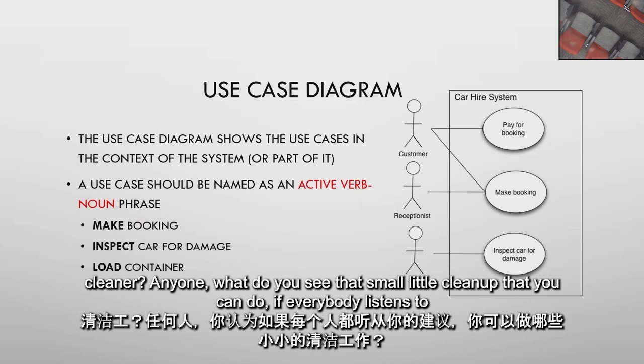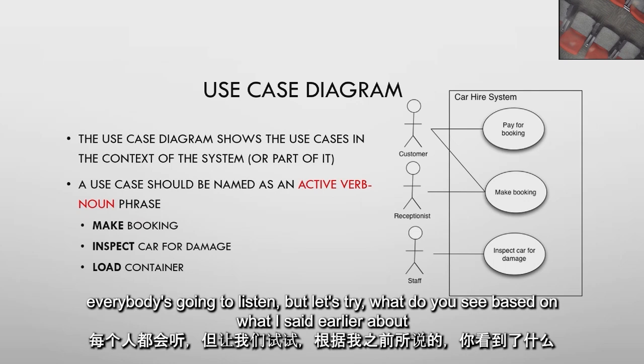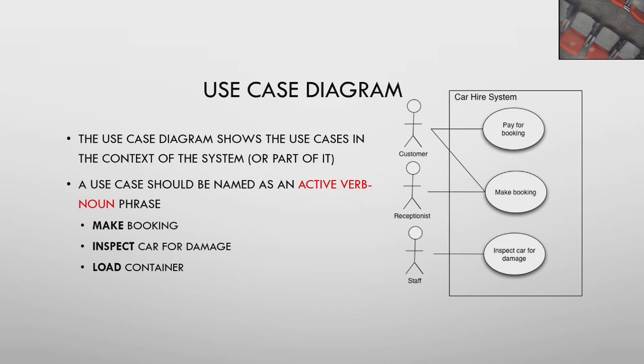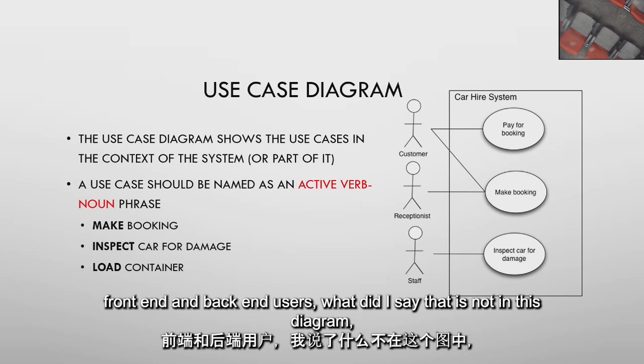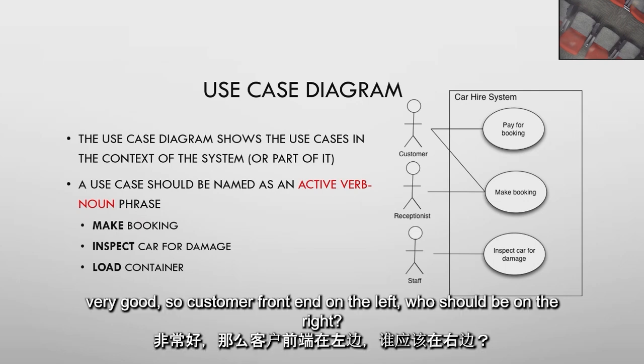If everybody listens to me in the class here today, you will not make the mistake in your practical. I highly doubt everybody's going to listen, but let's try. What do you see based on what I said earlier about front end and back end users? What did I say that is not in this diagram? Everybody is still in the weekend, is it? It should be on different sides. Yes, everybody give him a round of applause, please. Very good.